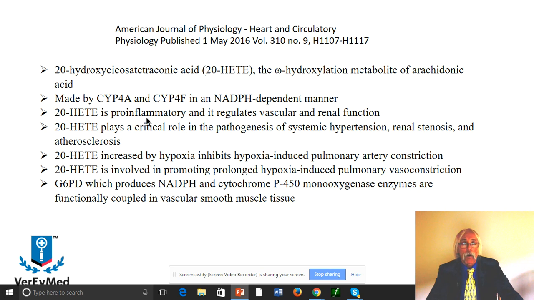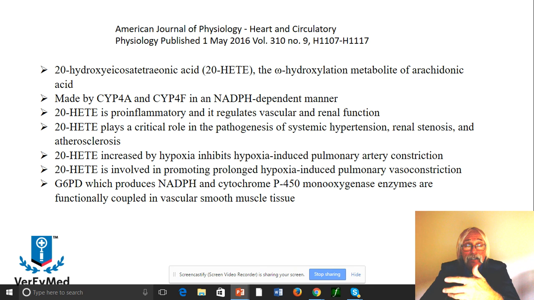20-HETE is a pro-inflammatory oxygenated fatty acid. Okay, pro-inflammatory. And it regulates, look at this, vascular and renal function. I told you these were autocrine hormones. So it's not that they're pro-inflammatory, but it's like these are necessary for the cell. So later on, we're going to see where people are trying to manipulate the levels of these, actually decrease or increase.